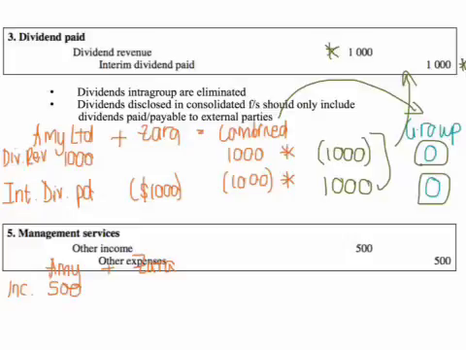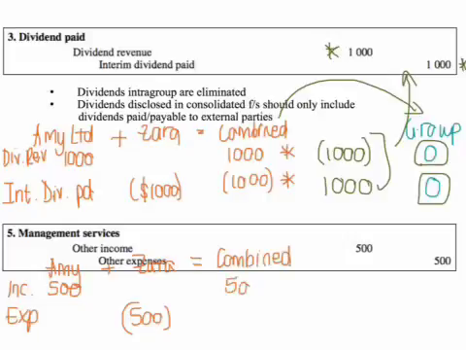The subsidiary will have an expense for management fees of $500. So if we add this full set of accounts of the parent company and the full set of accounts of the subsidiary, the combined results would include an income of $500 for management fees and an expense of $500 paid for management fees.